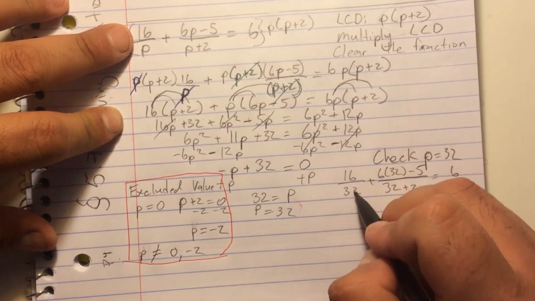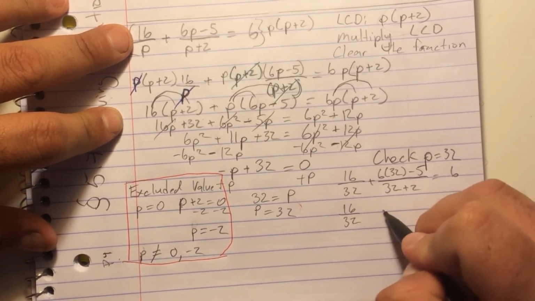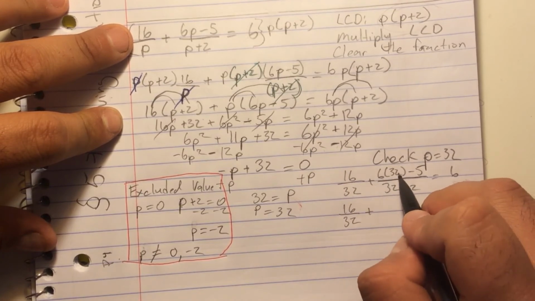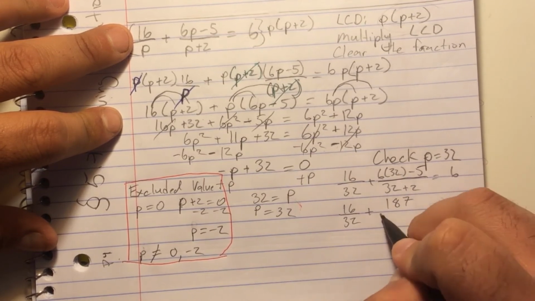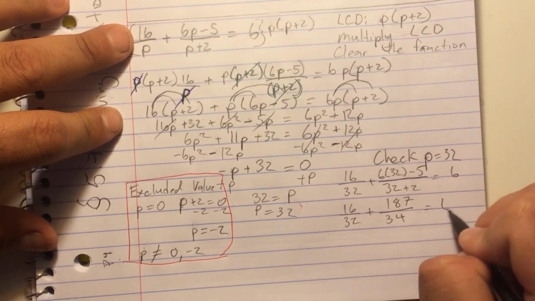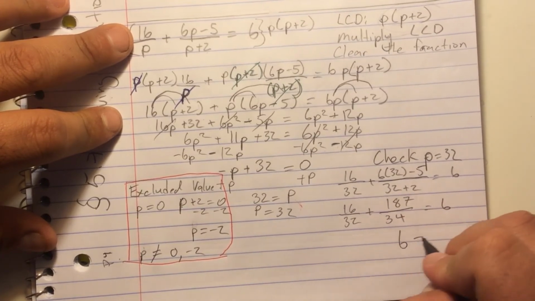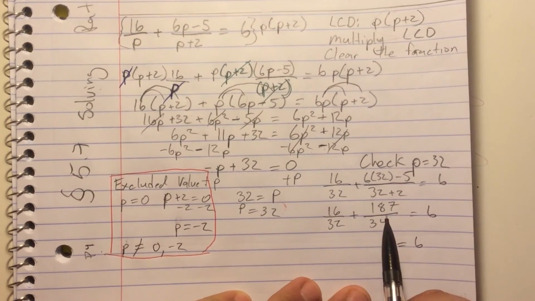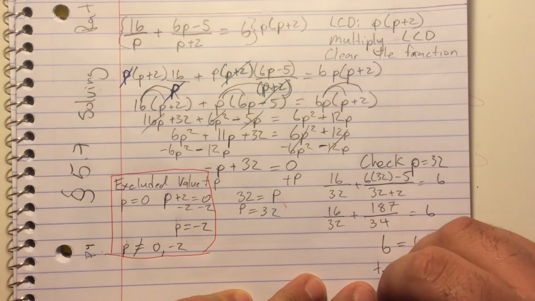Alright, this ends up being, well, I'll just leave it as 16 over 32, plus our 6 times 32, 192 minus 5 is 187 over 34 and equals 6. So believe it or not, this does equal 6 equals 6. I'm not going to show you guys all the work for that because it's just adding fractions, but I'm just going to show you that this ends up being true. So this is a true statement.